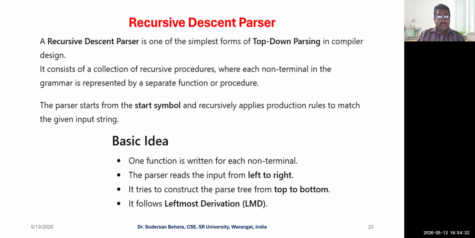The basic idea behind this recursive descent parser is that one function is written for each non-terminal. That means ultimately you can say each non-terminal is a function. But there will be no replica. If A is found 2 times in the production rules, that still represents one function. Remember, for A, you cannot create 2 functions.